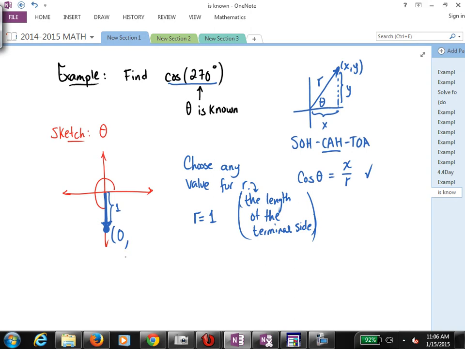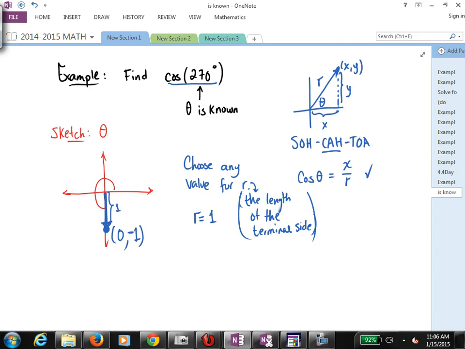But isn't 0, 1 up here? It's 0, negative 1. So be careful here, because the length of the terminal side is 1 unit, but that's pointing downward. If I ask you to plot this point right here, you would say the x value is 0, and the y value, since this is 1 unit downward, is negative 1.